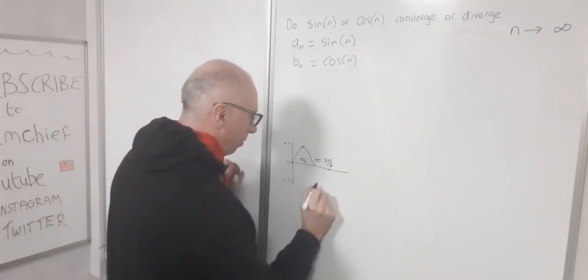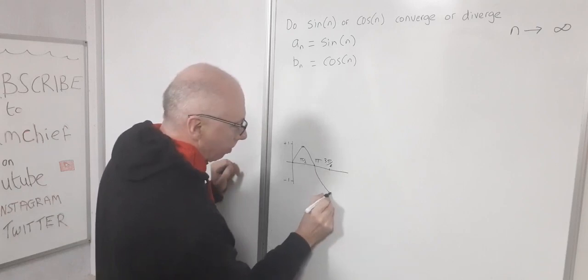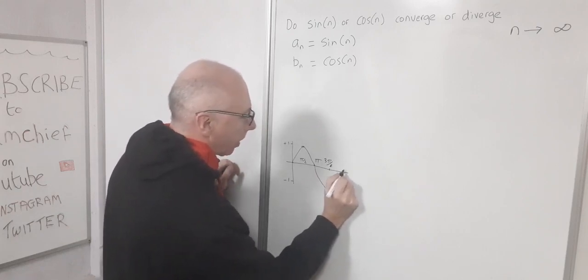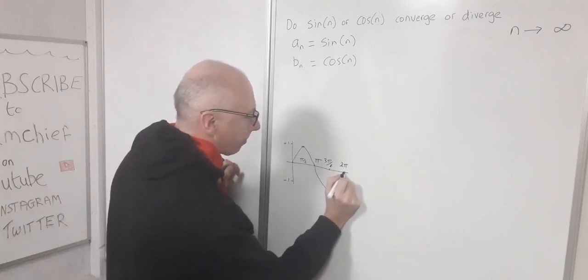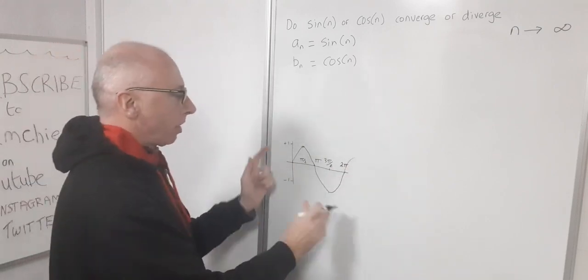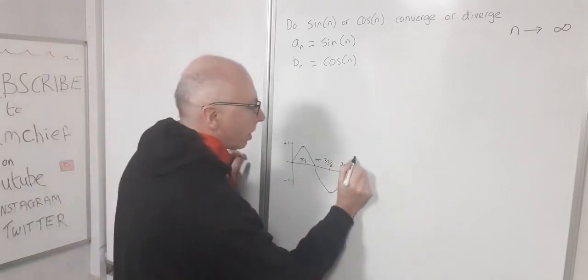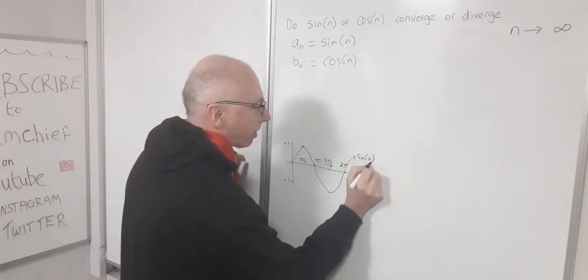So I'll mark that on my graph here. Then we come back up to 0 again at 2 pi, and then follow the same pattern every 2 pi. So it's period 2 pi for the sine function. So that would be my sine of x.